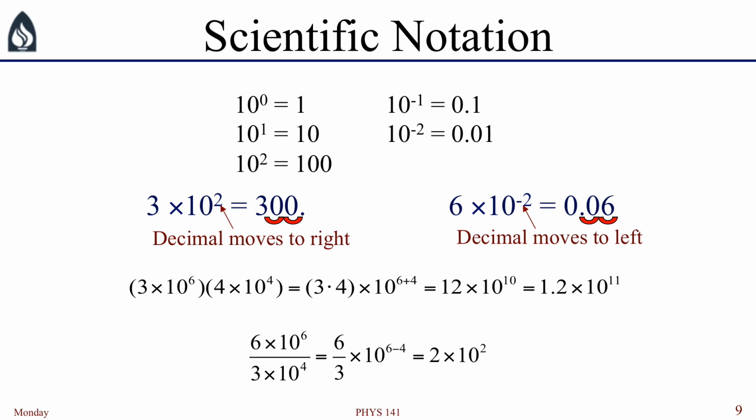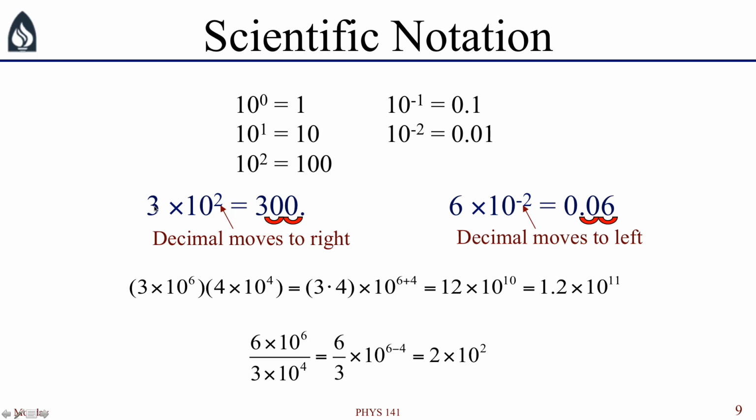So there's a couple of different ways in which scientific notation expresses numbers. If you have a large number, you can see that in scientific notation, you have a number out front times a power of 10 raised to some exponent. And the exponent tells you how you should move the decimal point to express the number in non-scientific notation.